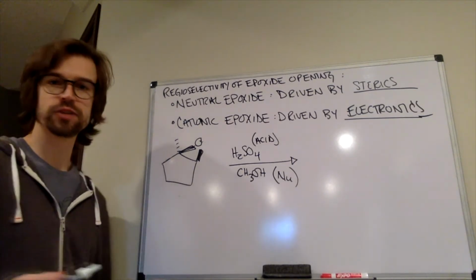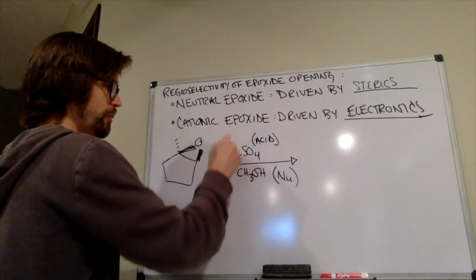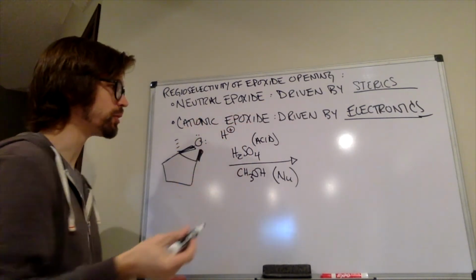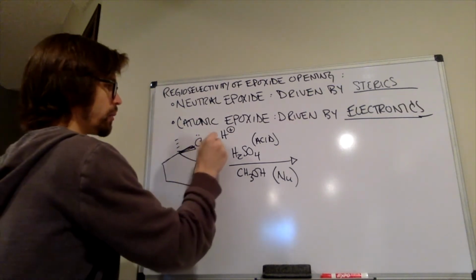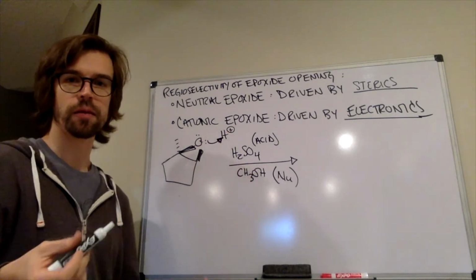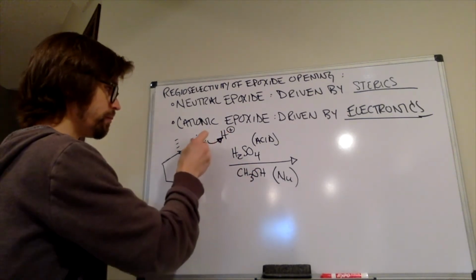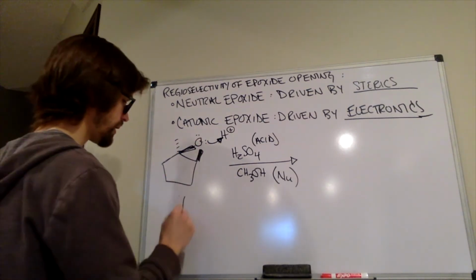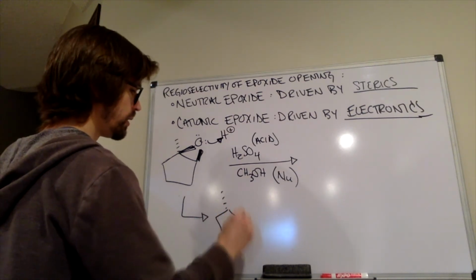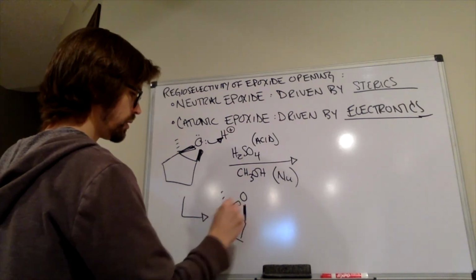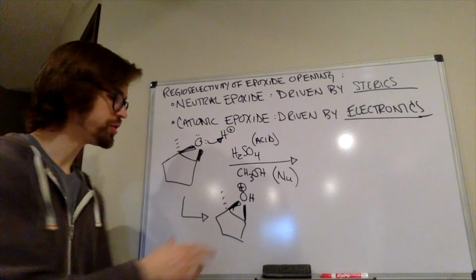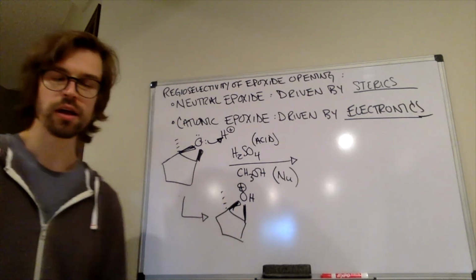So what's going to happen in this reaction? Well, I'm just going to represent this whole H2SO4 by just H plus here. And what happens when we have H plus and neutral oxygen? We're going to protonate. So sure, that oxygen's going to protonate, but the take-home message is that this epoxide has to protonate to react. That's the first thing that's going to happen. So that would generate this protonated epoxide. And again, which of these bonds is going to be weaker at this point?